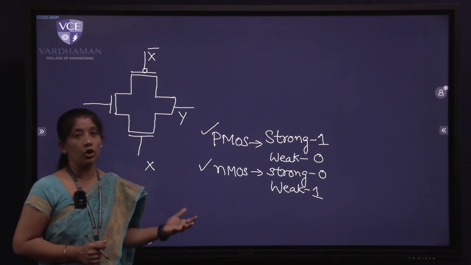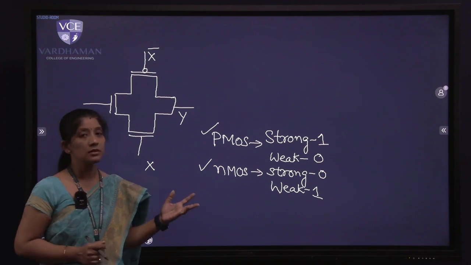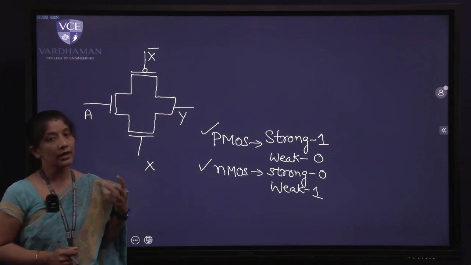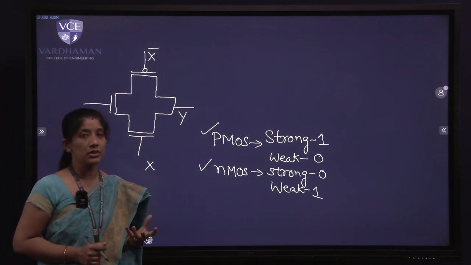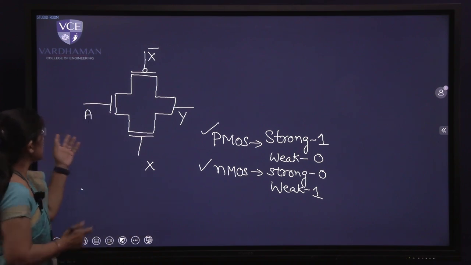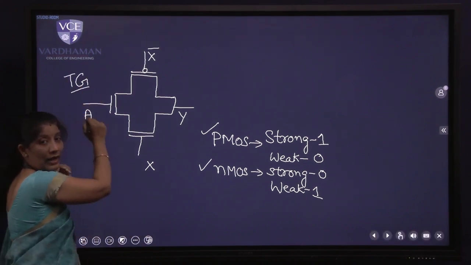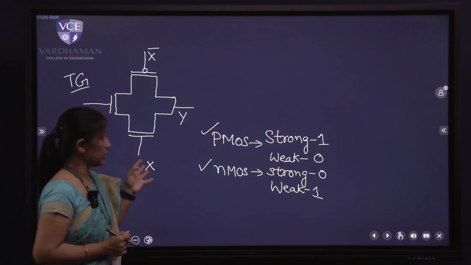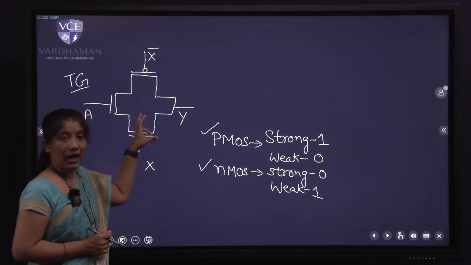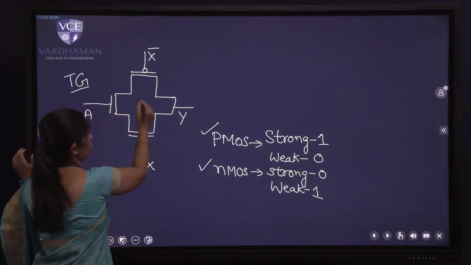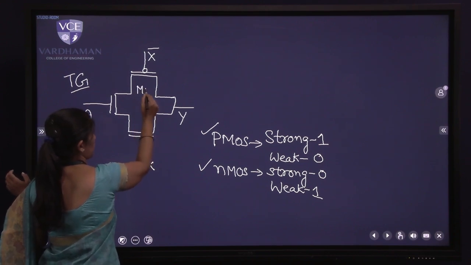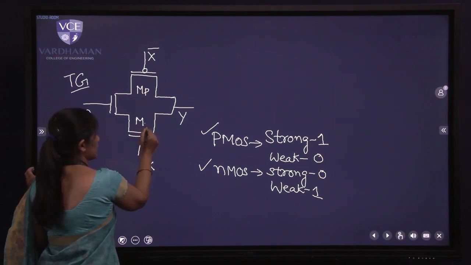To overcome the drawback of these two individual transistors when used in switch logic, a new type of switch logic has been introduced, which is known as the transmission gate. This is in short known as TG.